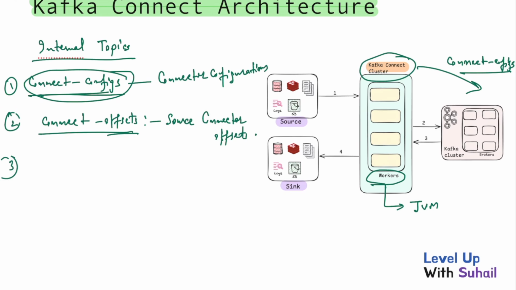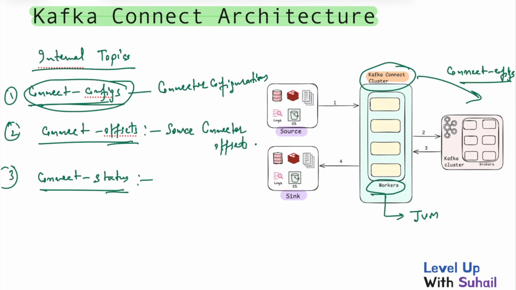Now the third topic is connect status. It stores the status of the connector, that is, the status of the task. For example, if the task is running, failed, or paused, what is the current status of the task? It stores all that information. Each and every Kafka connector is publishing a heartbeat to this topic every interval.